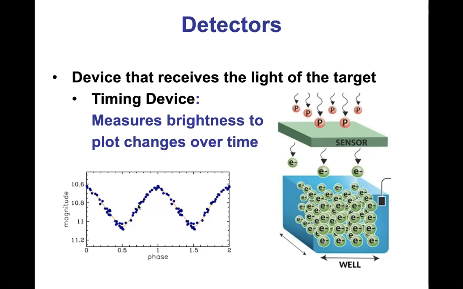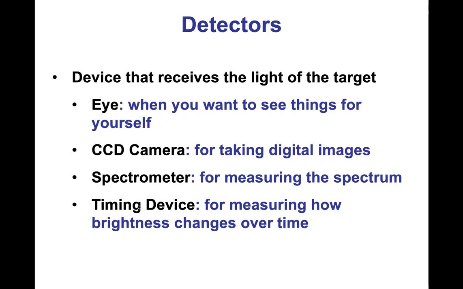Okay. So those are your 4 major detectors that you can shine the light from a telescope into, right? The telescope collects the light, focuses the image, and then shines that image where you want it. What that image shines into depends on what you want to do with it. If you want to just see what the telescope sees with your own eyes for yourself, put your eye up to the eyepiece. There you go.